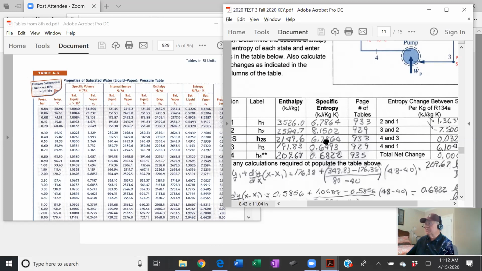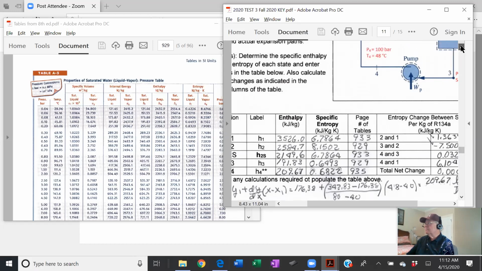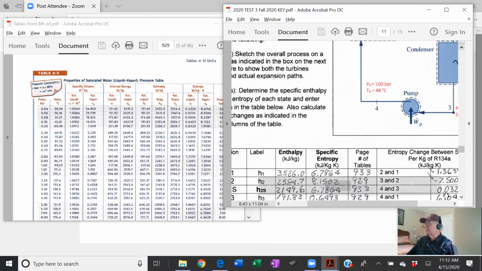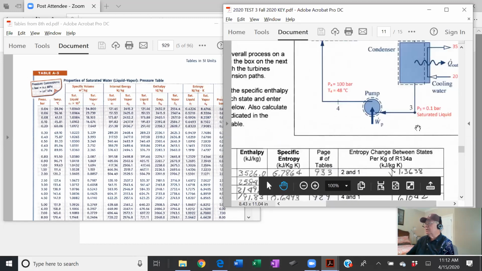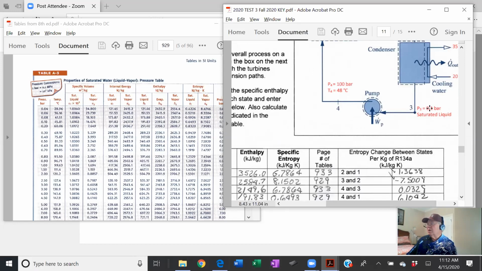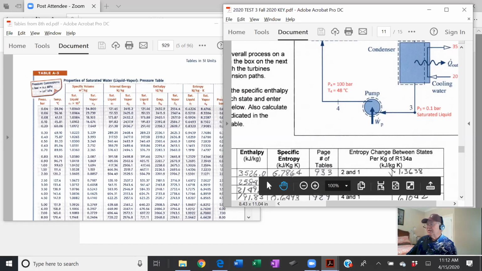What else do I know? I know the pressure is the same in the isentropic state. So it's 0.1 bar.